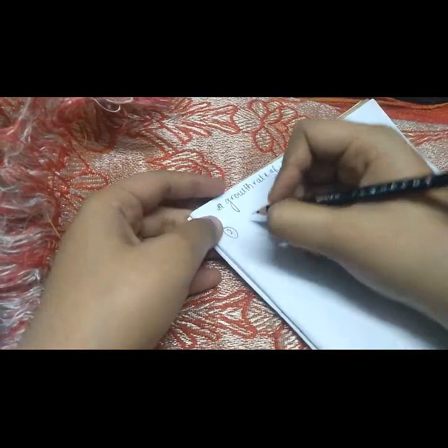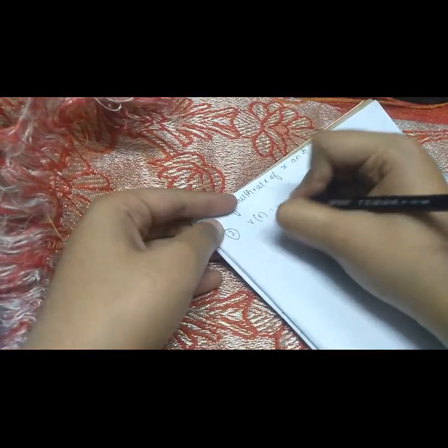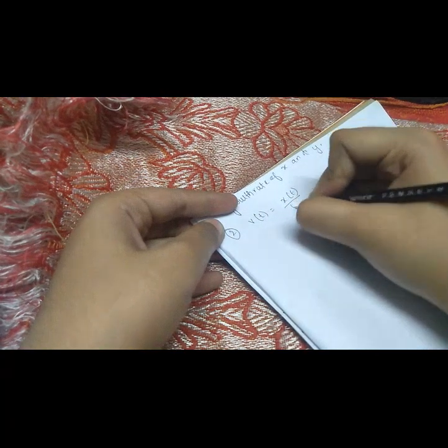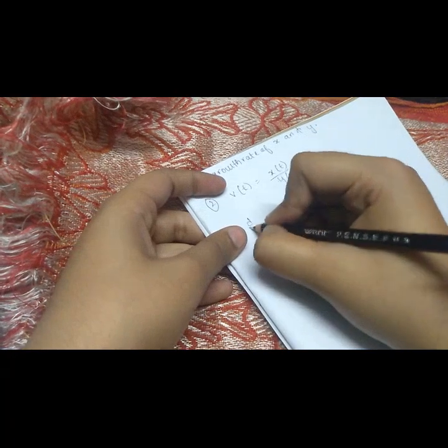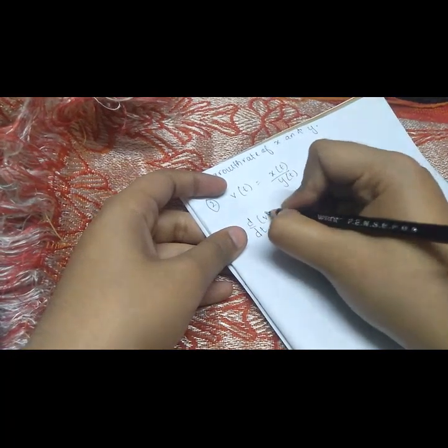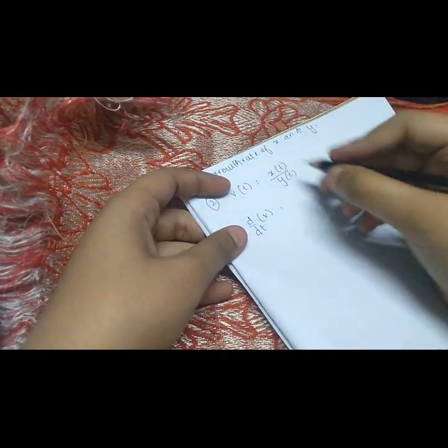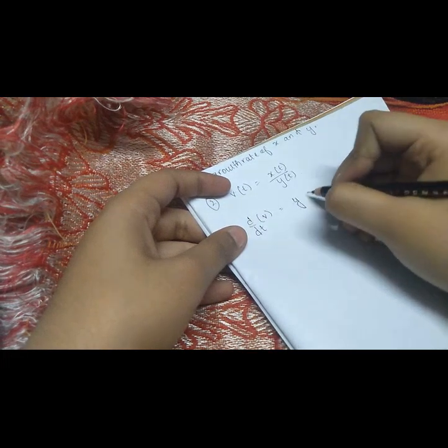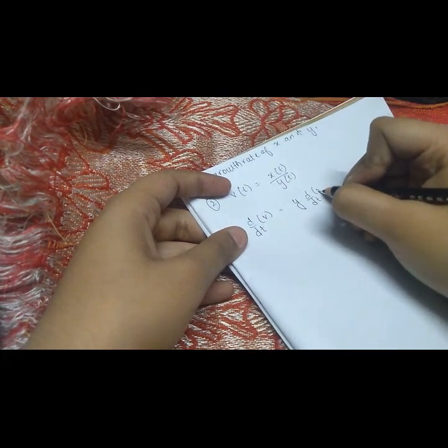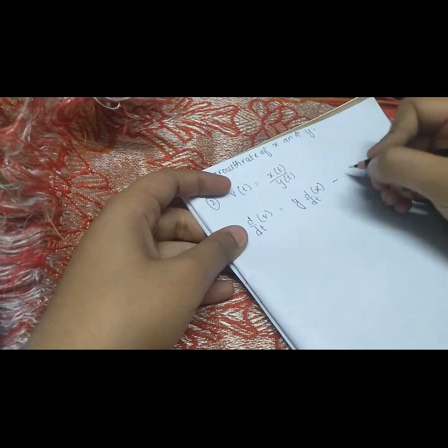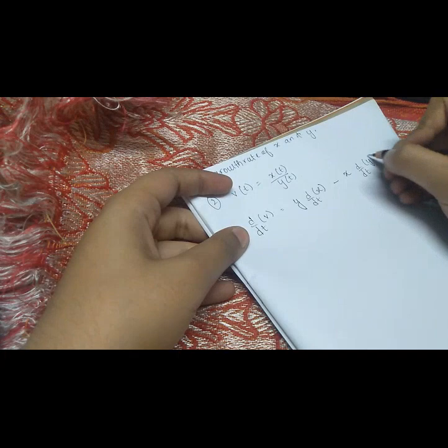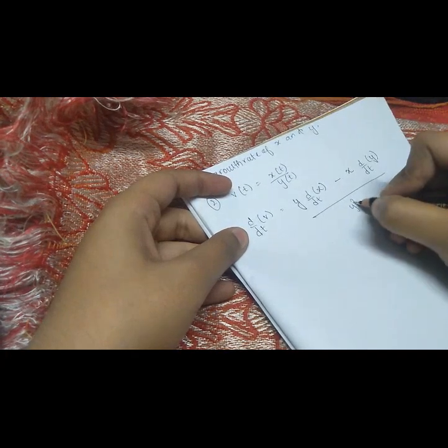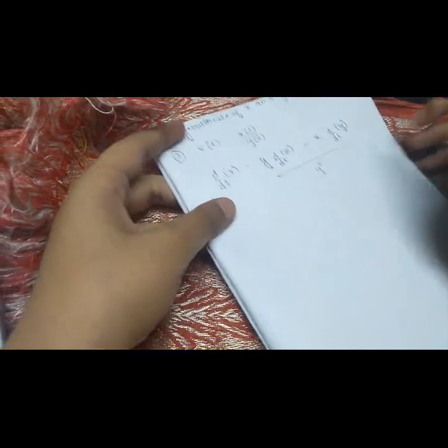Suppose we take division here. Let's see what will happen. V(t) equals to x(t) by y(t). Then we'll again differentiate with respect to time. If we differentiate this, then y differentiating x with respect to time minus x differentiating y with respect to time, by y square. Normal differentiation, we have learned it.